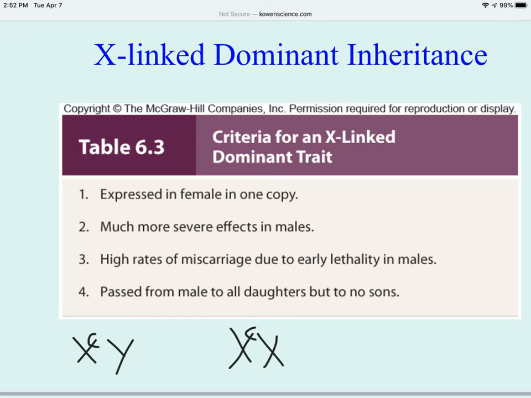So this is going to be much more severe in males. A lot of miscarriages in males before the babies are born is going to be due to an X-linked dominant inheritance. It can be passed from males to their daughters, but it cannot be passed from a male to a son because he gives the Y chromosome.